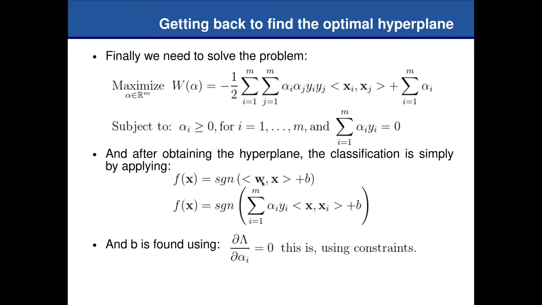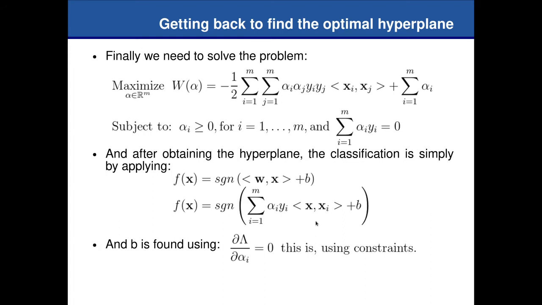We've got W, and we know how to find W, right? Actually W is exactly this. And we've got x, which is a given point we need to classify, and some b. W was found before, and here I just substituted W to find this formulation.